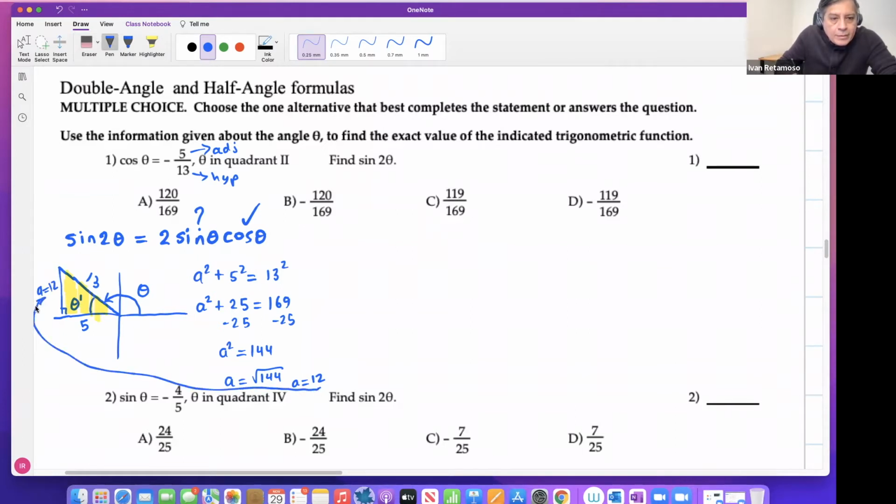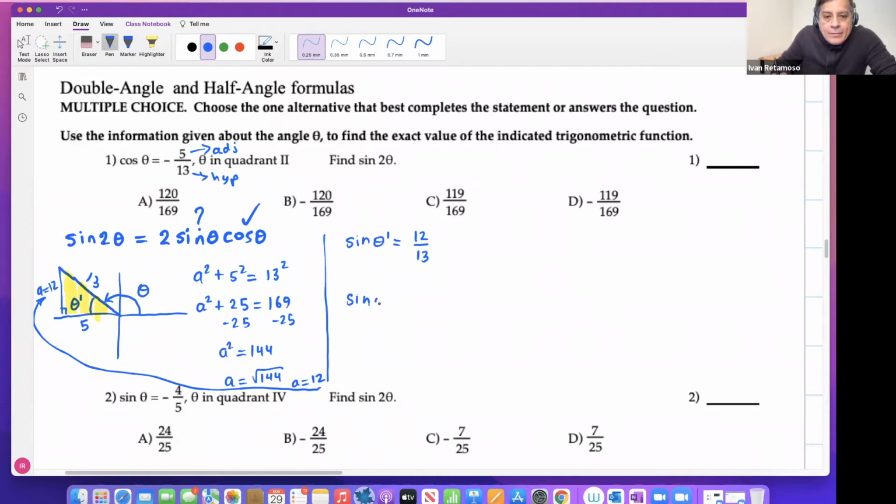Great, it came from the theorem of Pythagoras. All right, now that you have completed your triangle, we can find this sine of theta. How? Well, first, go this way. Sine of the reference angle theta prime is equal to opposite 12 over hypotenuse 13.